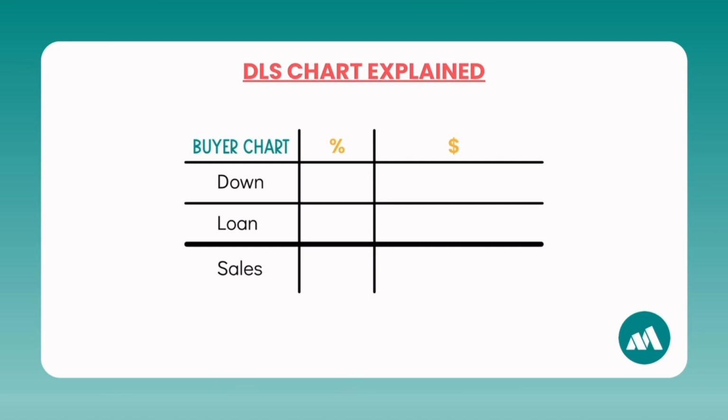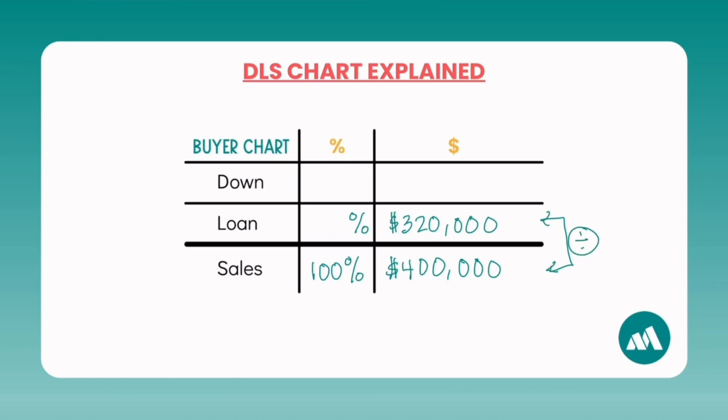Let's look at another thing that you could use the DLS chart with. Let's say, for example, we have the same scenario where we have a sales price of $400,000, and that's always 100%. And then we know our loan amount is $320,000. And they want us to find the loan to value ratio, this percentage here. Well, what we could do is we can take these two numbers, divide them, and we get our loan to value ratio.